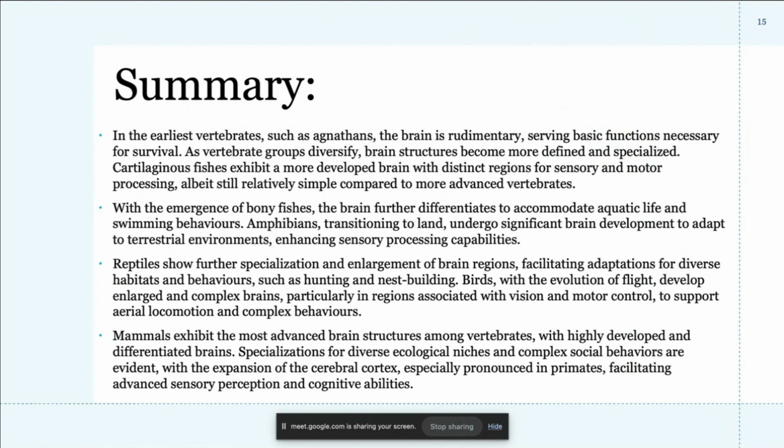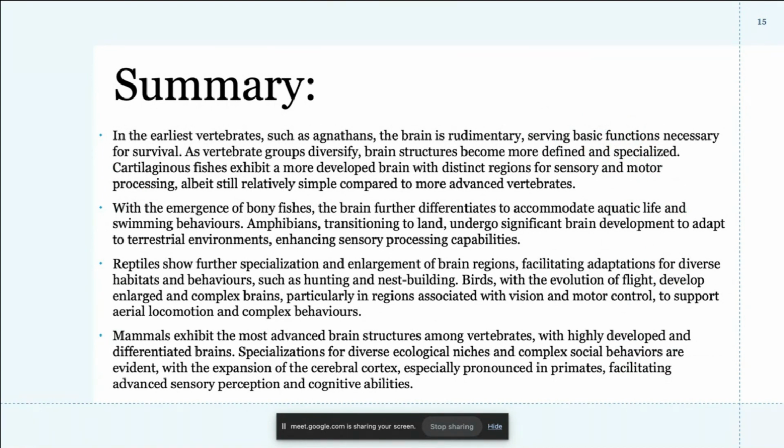Mammals then have the most advanced brain structures with highly developed and differentiated brains, and this allows us to live in different habitats and have complex social behaviors. And this can be seen through the expansion of our cerebral cortex. So our cerebral cortex is the most developed within mammals, especially in primates.